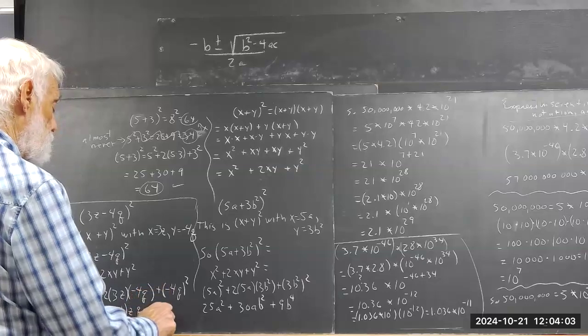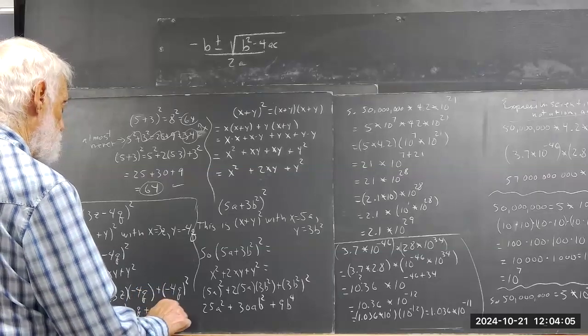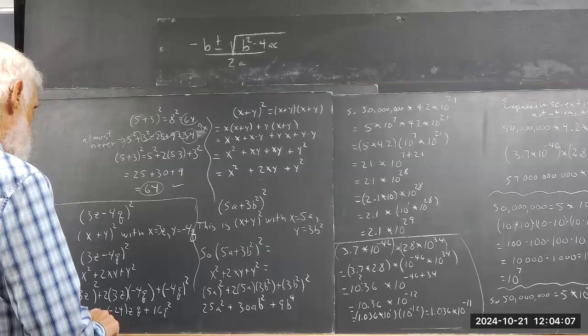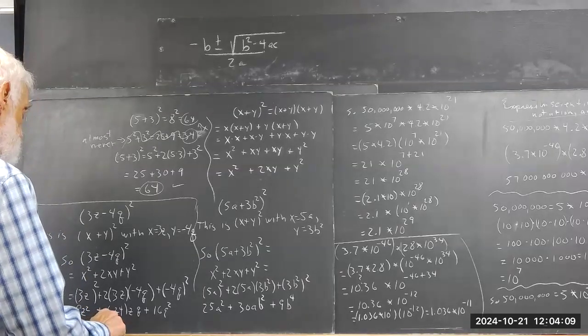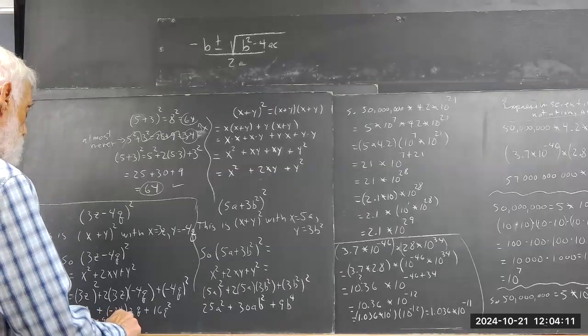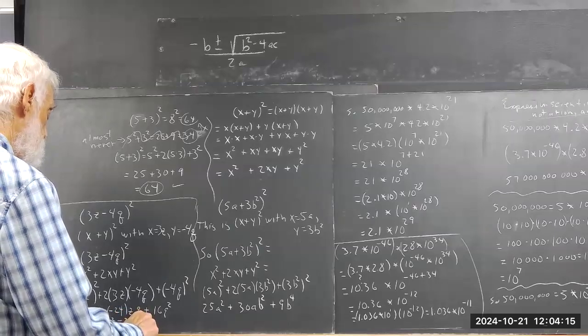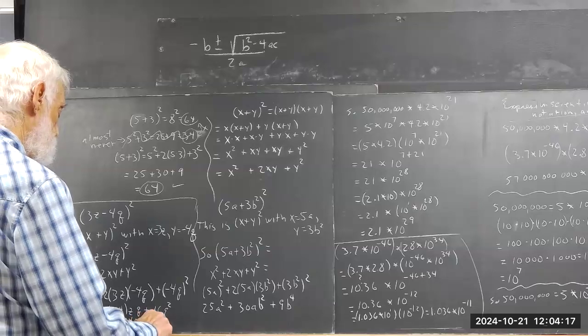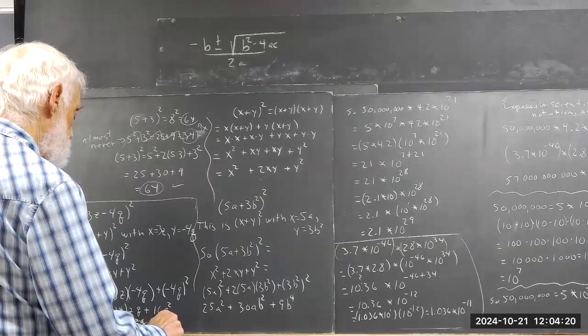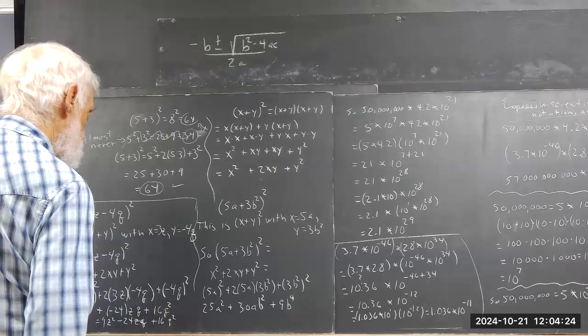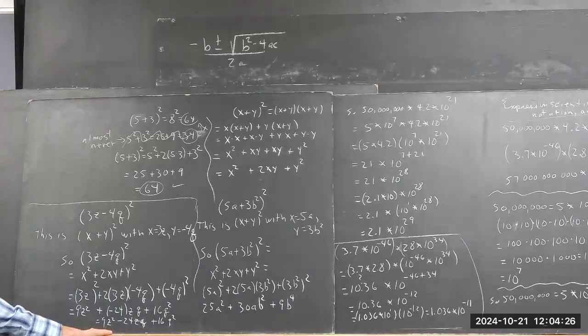We square negative 4, we get 16. We square q, we get q squared. And then we could write that as 9z squared minus 24z cubed plus 16q squared.